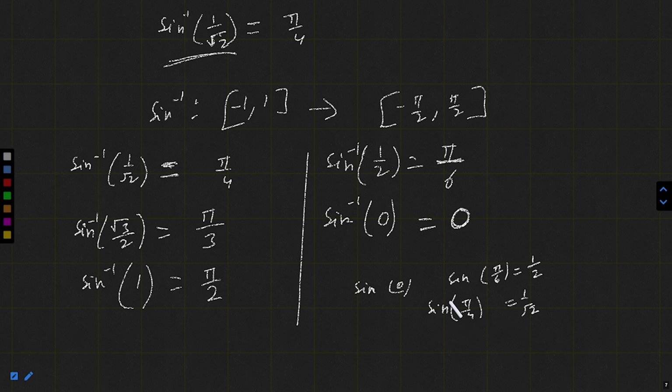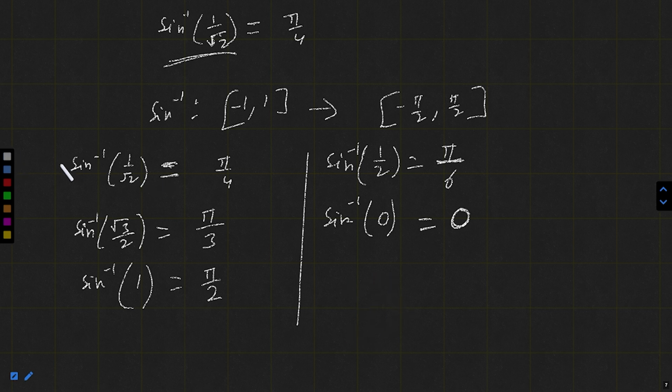And for sine pi by 3, this is equal to root 3 by 2. And sine pi by 2 is equal to 1. That's it. So these are the simple values that you come up with.